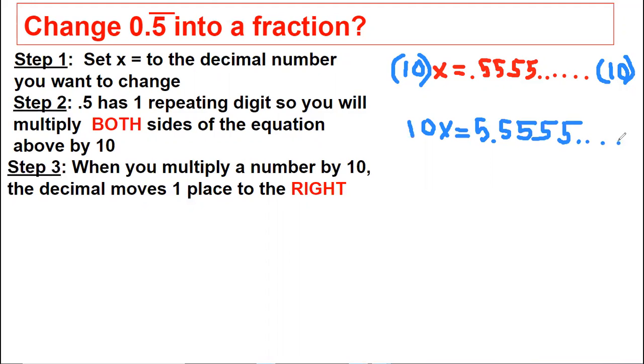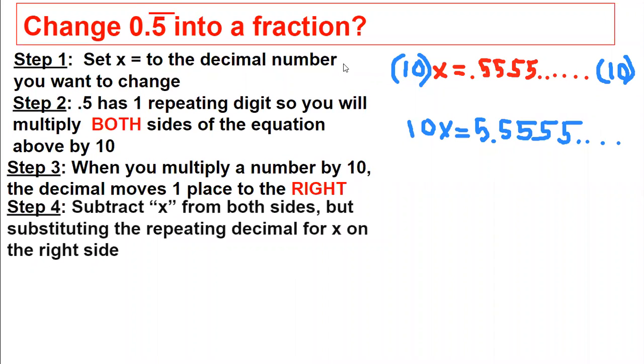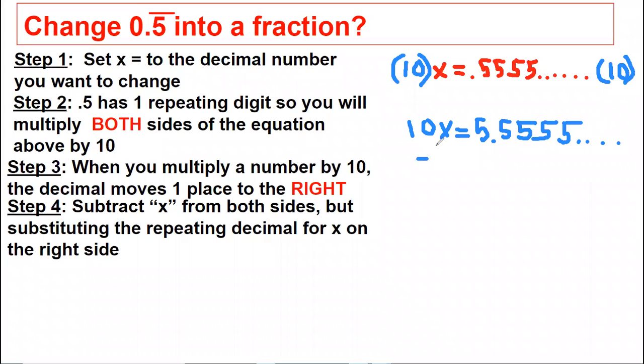Okay. Now, step 4, anybody remember what it is? What do we have to do next? Subtract x from both sides, but substitute the repeating decimal for x on the right side. So let's first subtract x. Actually, I'm going to use red now so we know that we're doing something different here.